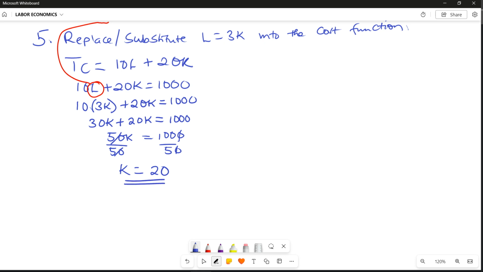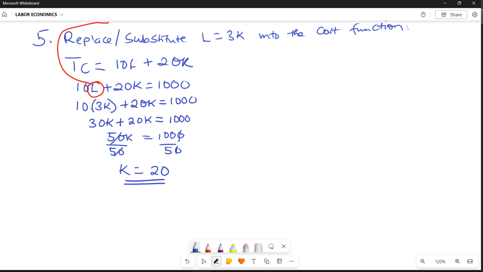So therefore, the optimum level of capital is 20 units. Great. So now at least we know that for this firm to maximize its profit, it has to employ 20 units of capital.